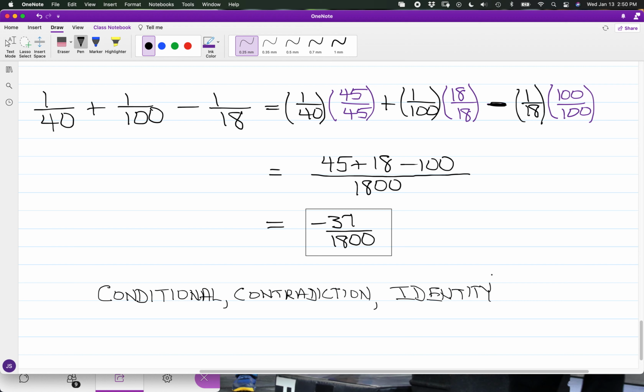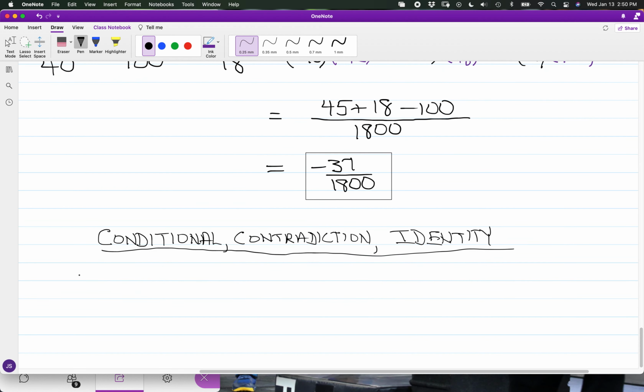Now a conditional, for our purposes here, is an equation with a limited number of solutions. It could be one solution, two solutions, but as long as you have a finite number of solutions.